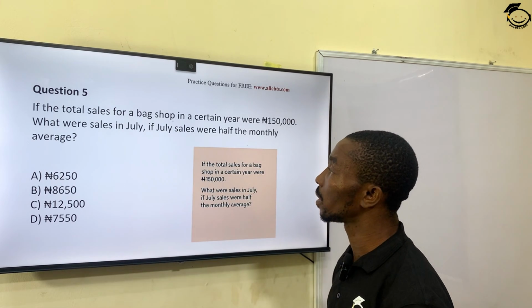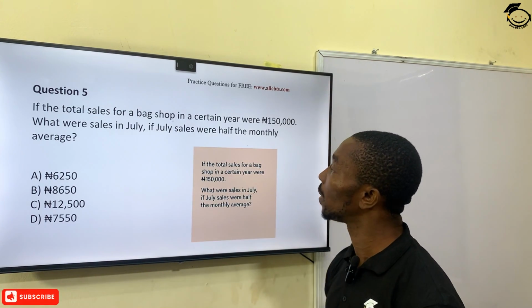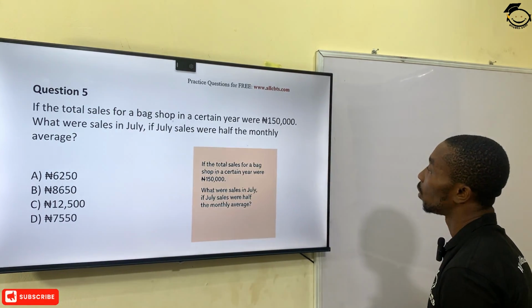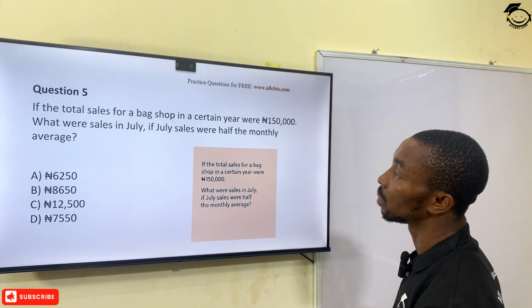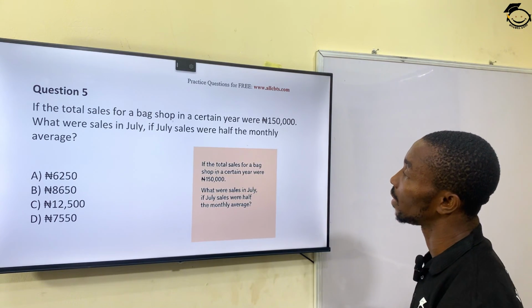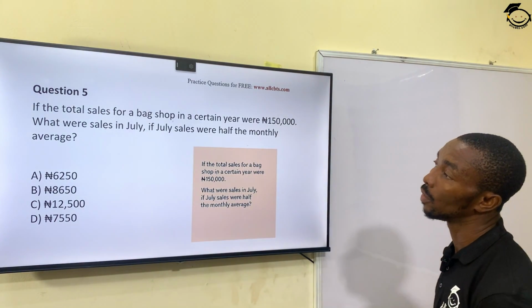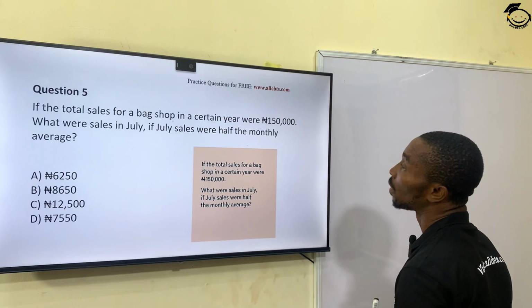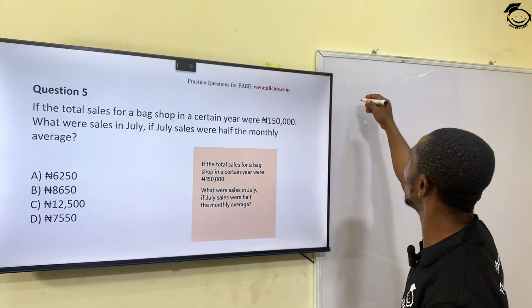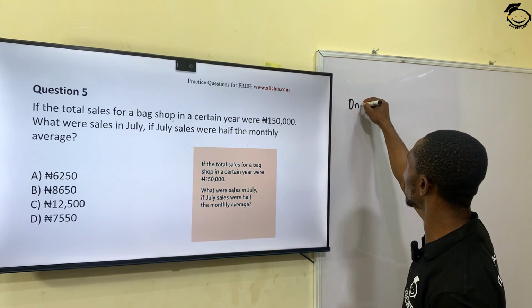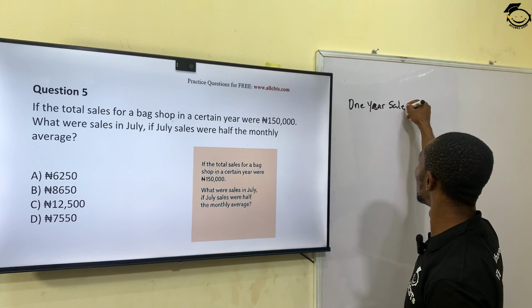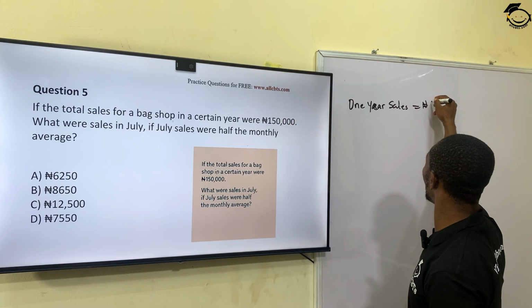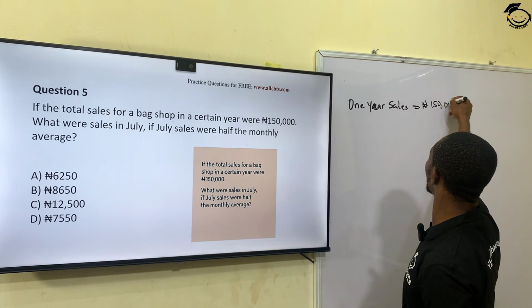If the total sales for a bag shop in a certain year were 150,000, what were sales in July if July sales were half the monthly average? Now, for the total sales in a year, he made 150,000.